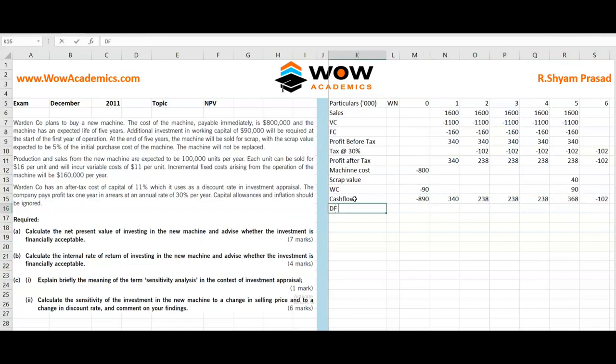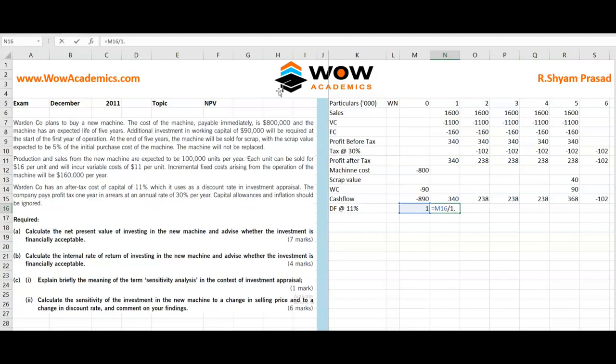We have discount factor at 11%. So what we do with this, the discount factor for the 0th year is 1. The discount factor is always 1 for the 0th year. From there on, it falls. How does it fall? 1 divided by 1 point whatever the discount factor is.